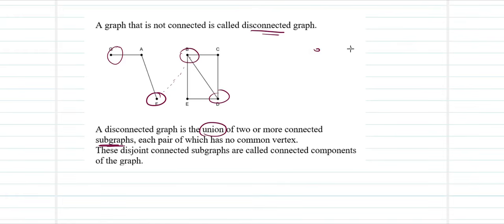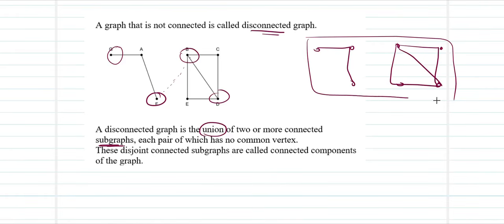So this as such is going to be a subgraph, and this as such is going to be a subgraph, and they are going to be subgraphs of the original graph called G. There is no common point or common vertex appearing between these two subgraphs.